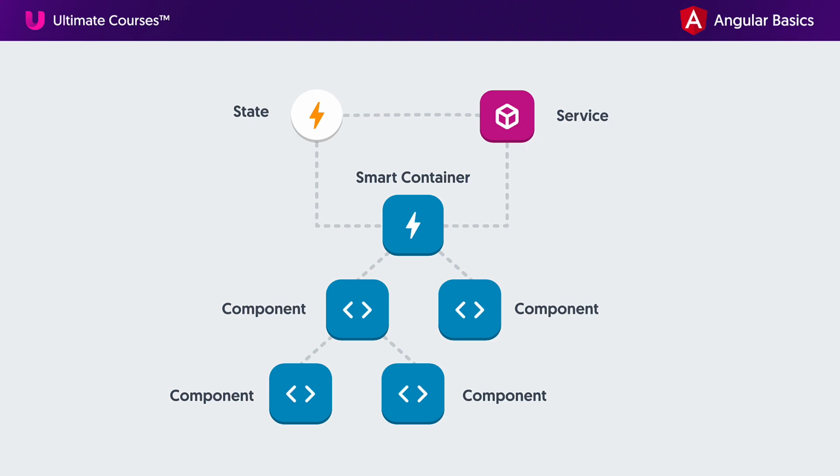From here, we can then assume that a user wants to make a change, or maybe they perform an action such as a button click. This action or state change is then reflected by passing the data back up via an event all the way to the top from the component that initiated the change, back up the component tree to our smart container, and then offloaded to our service.